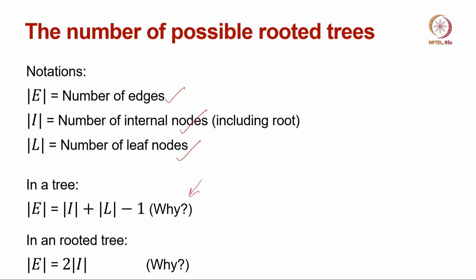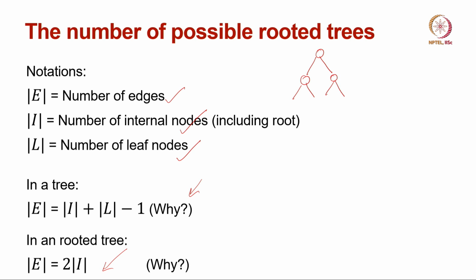Finally, in a rooted binary tree, the number of edges is equal to 2 times the number of internal nodes, because each internal node has 2 descendants. Starting from the root, the root will have 2 descendants, and then each internal node will have 2 descendants. So in other words, for each internal node you are adding 2 edges.